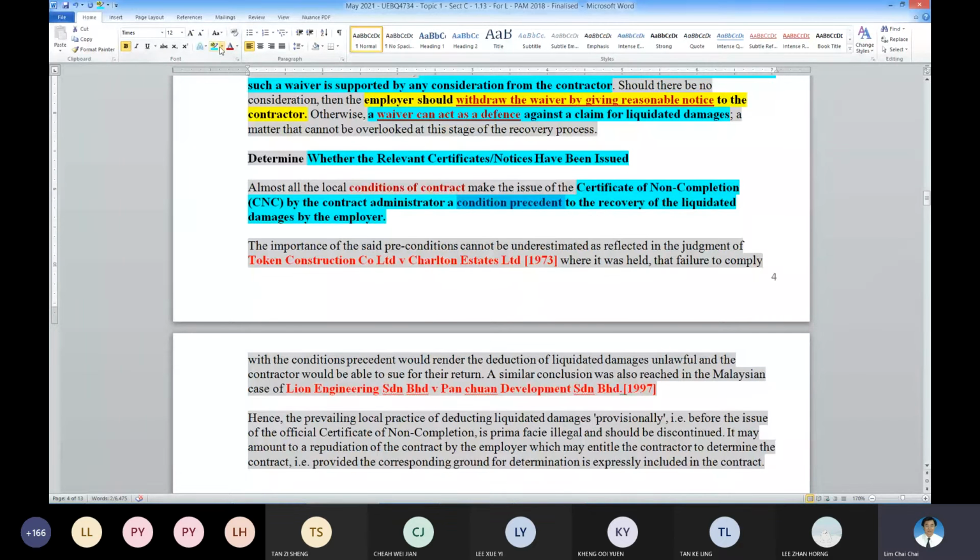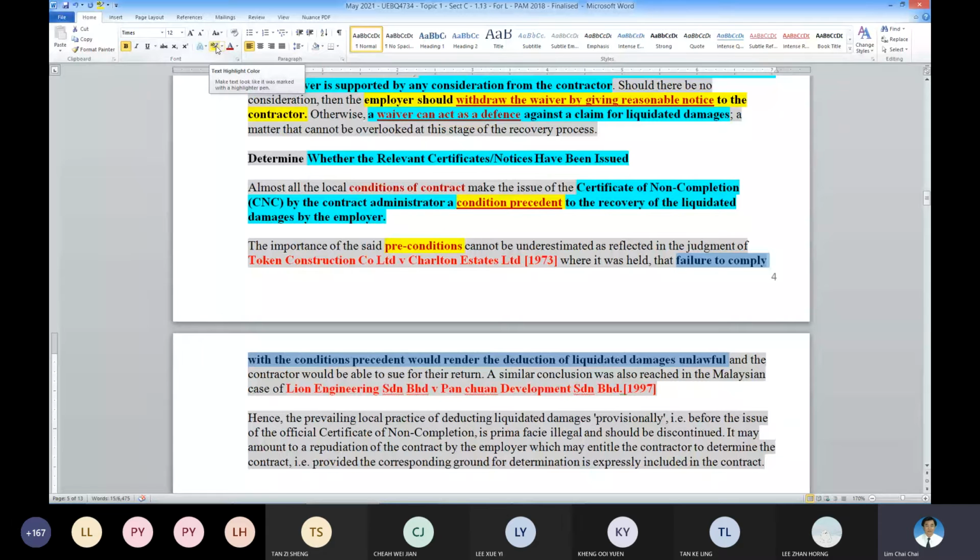If you don't have this CNC issued, the right is not there. So there must be a CNC issued, okay? Because it is a precondition. Precondition means mandatory to be complied with. If you fail to comply, it renders imposition of LD unlawful. Okay, so this is very important.